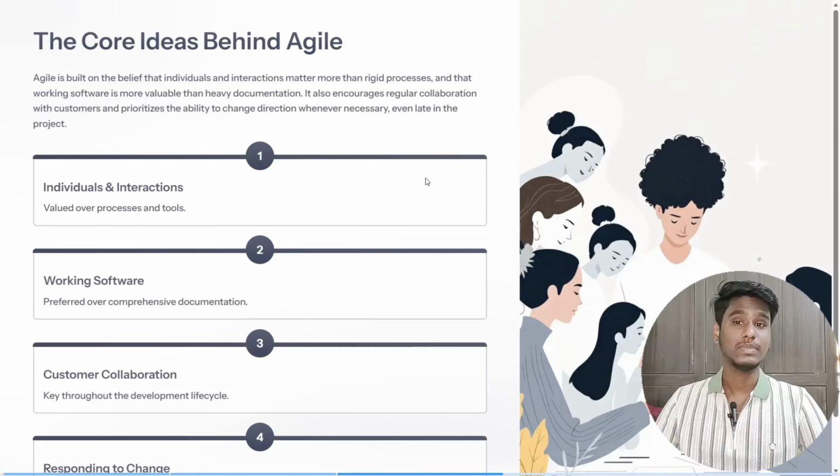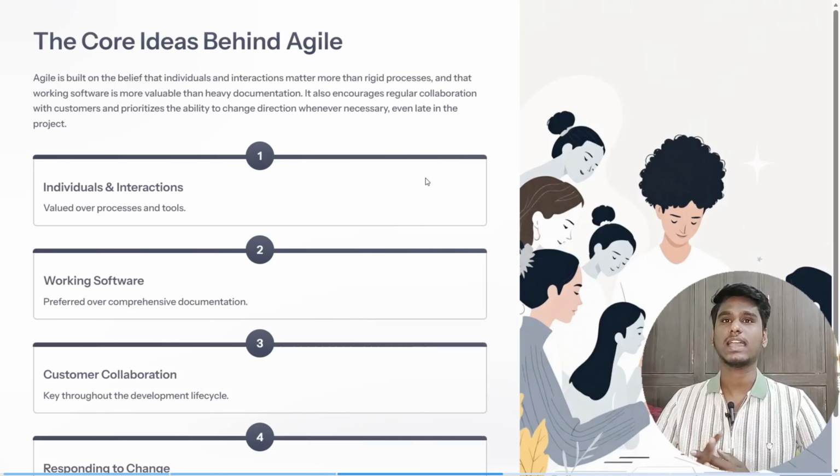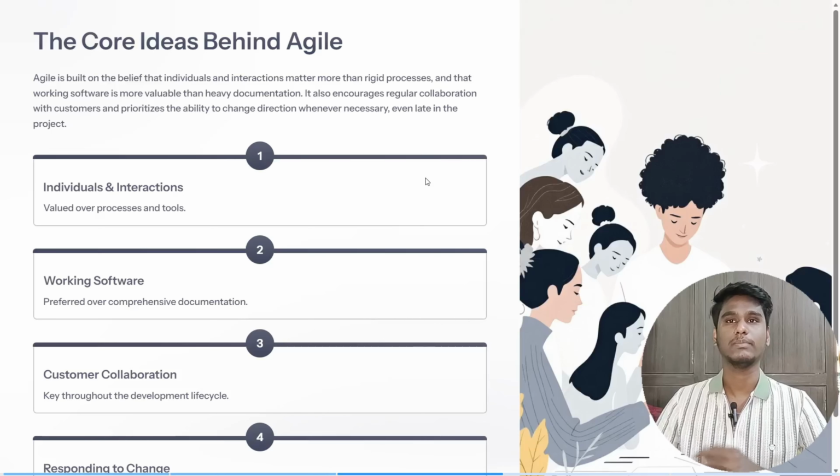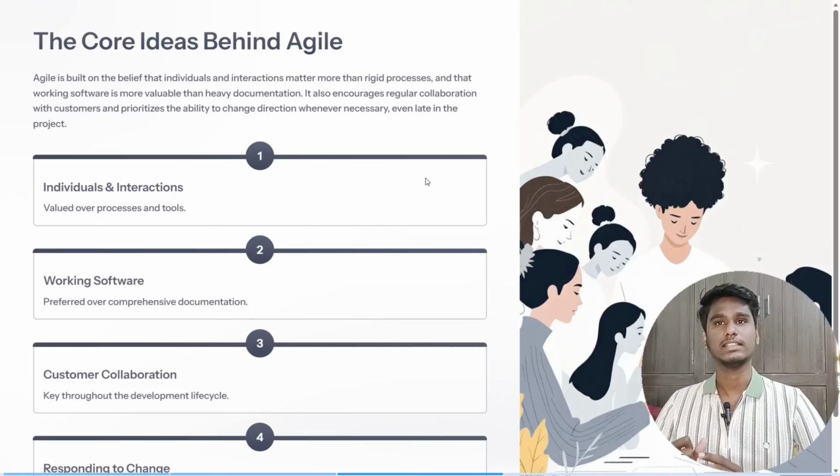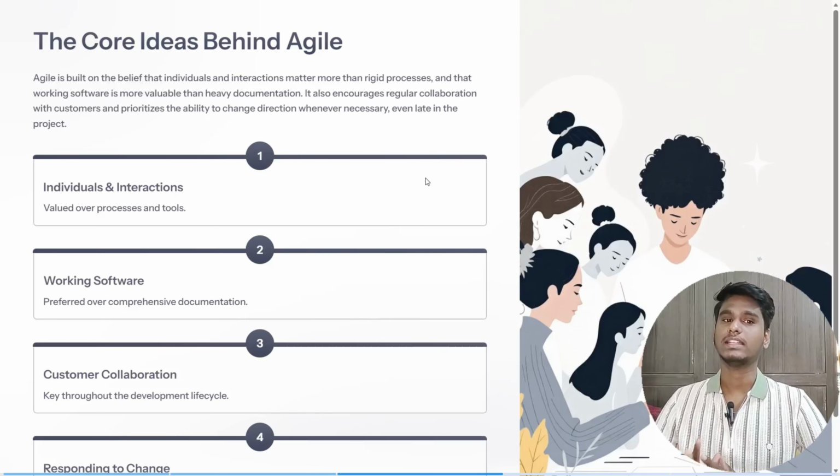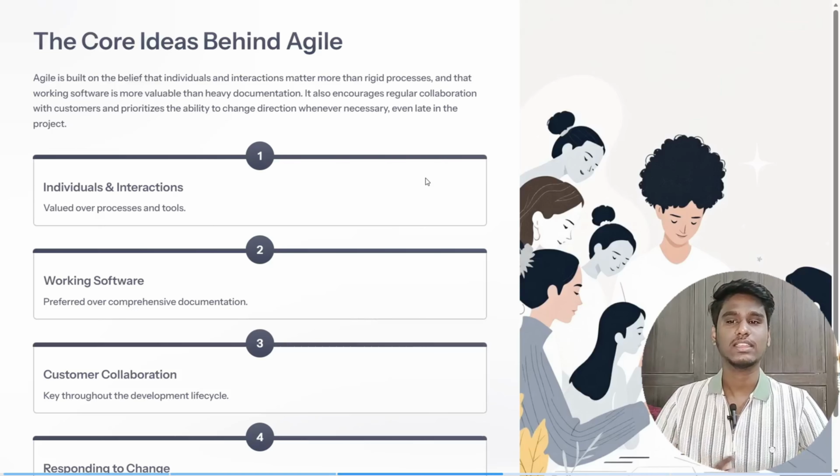The core ideas behind the Agile methodology: Agile is built on the belief that individuals and interactions matter more than rigid processes, and that working software is more valuable than heavy documentation. It also encourages regular collaboration with customers and prioritizes the ability to change direction whenever necessary, even late in the project.